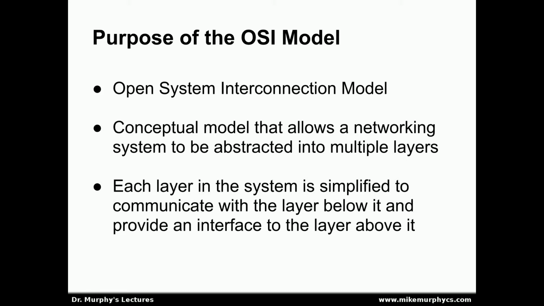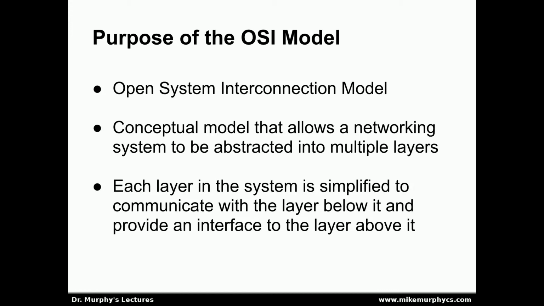Now, the purpose of the Open System Interconnection Model, or the OSI model, is to provide a conceptual model that allows a networking system to be abstracted into multiple layers. Each layer in the networking system is simplified to communicate with the layer below it and provide an interface to the layer above it.